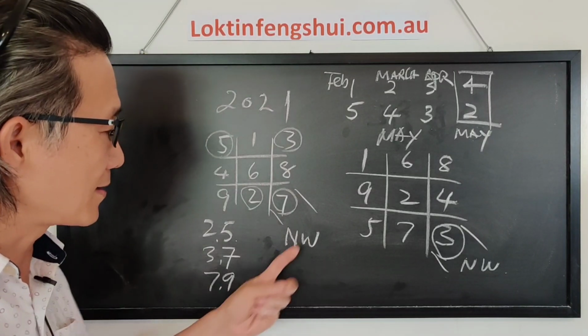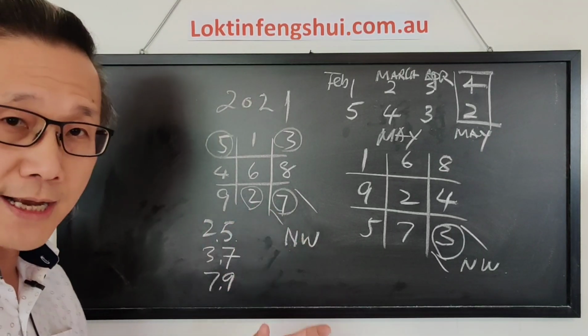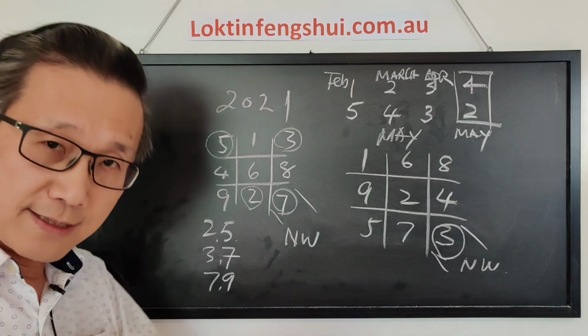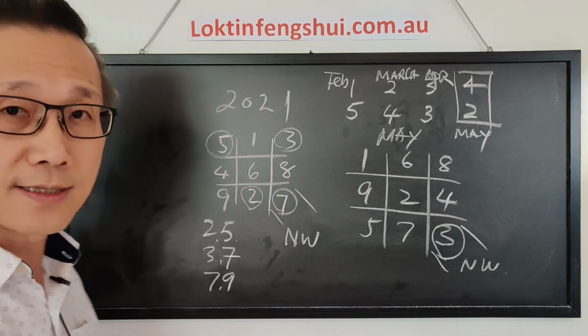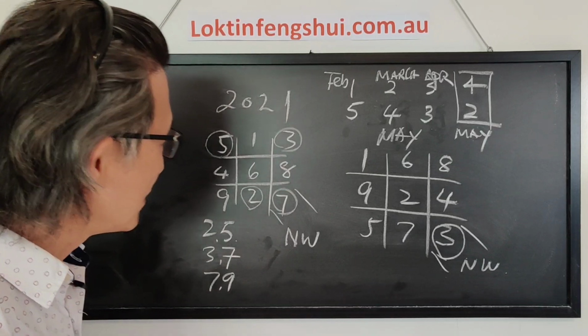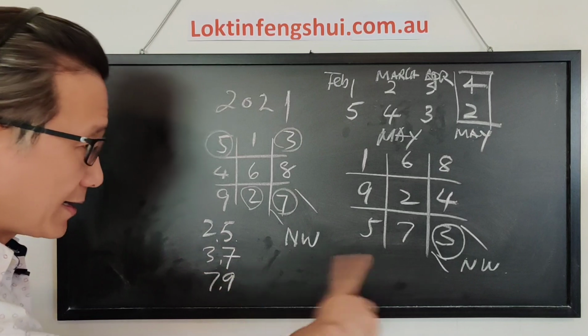Activating the sector means slamming the door when you come in, renovating, or digging the ground outside. That's called activation, and that's not too good. That is one way we can find out.